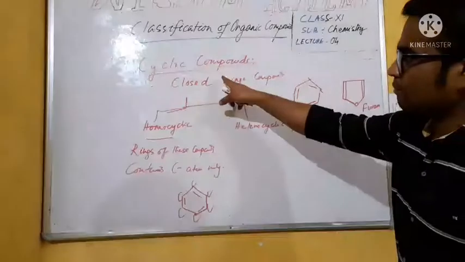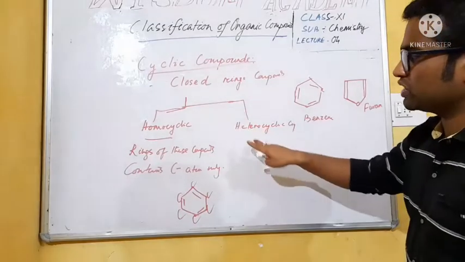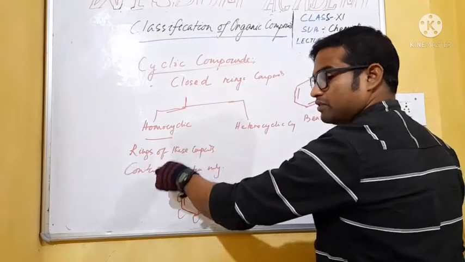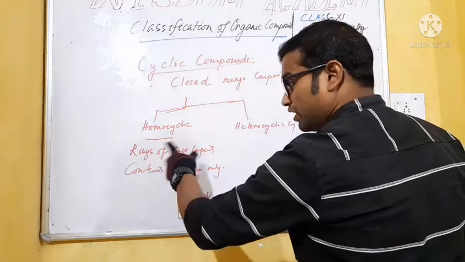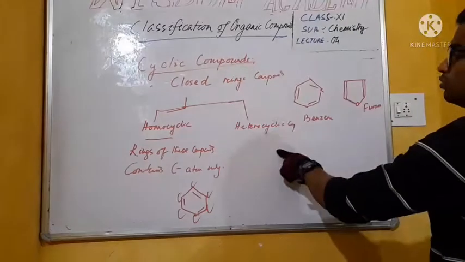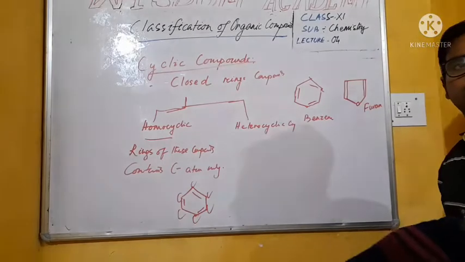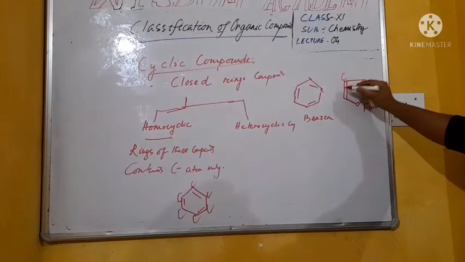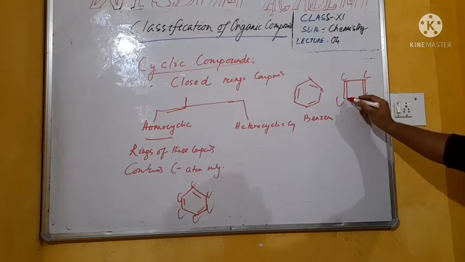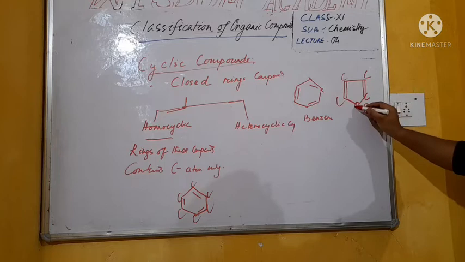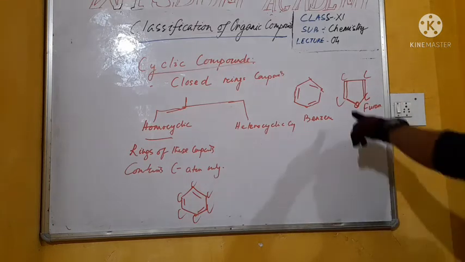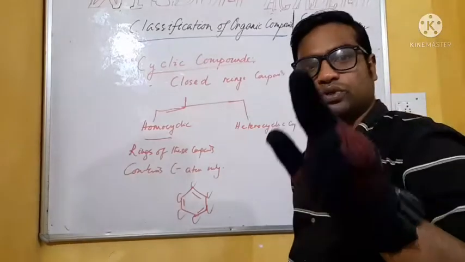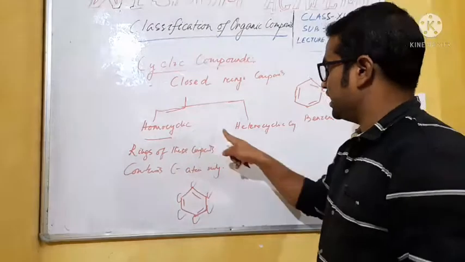So cyclic compounds are classified into two types on the basis of whether the same type of atom is present in the ring. In another ring compound, other atoms may be present, like furan, where there is carbon, carbon, carbon, carbon, but oxygen is another type of atom present in this cyclic compound. So cyclic compounds are classified into two types, homocyclic and heterocyclic.